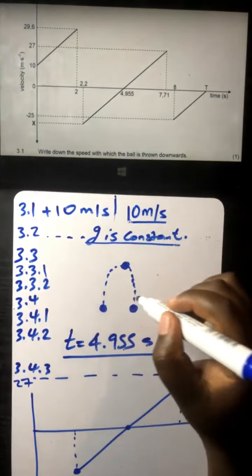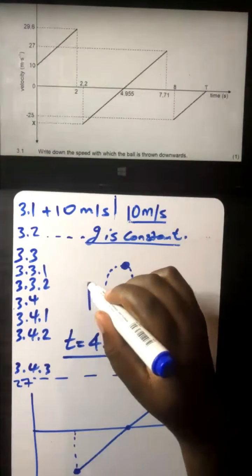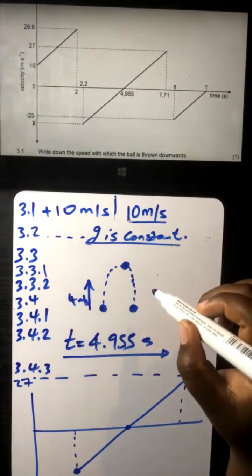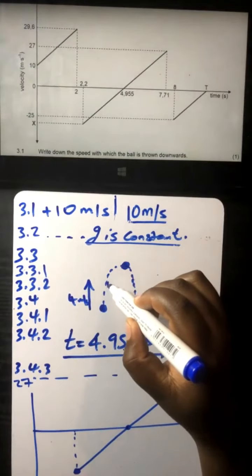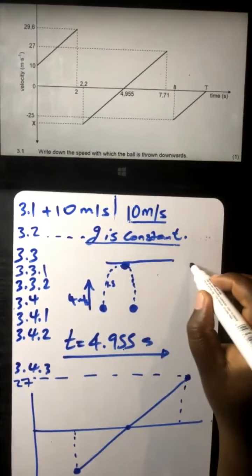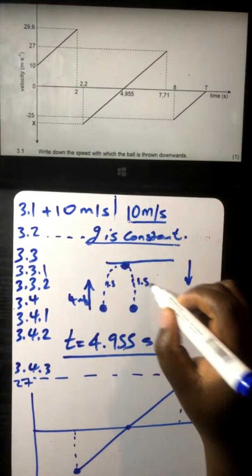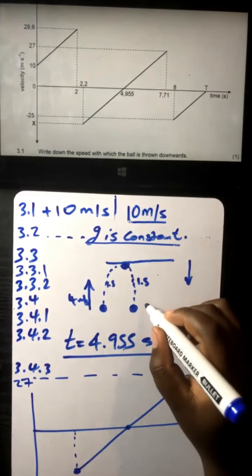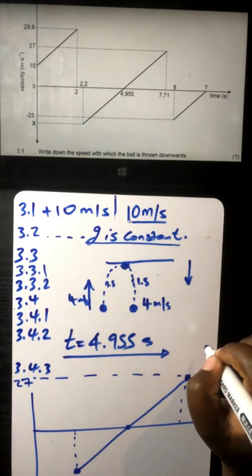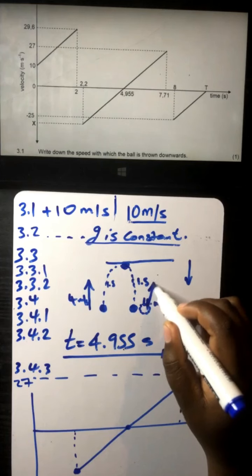Remember, guys, if the object leaves the ground at 4 meters per second, and let's say it takes 1.5 seconds to reach its maximum height, on its way down it is still going to take the same time, and it is still going to strike the ground at the same velocity. It only gets different when it bounces off the ground.